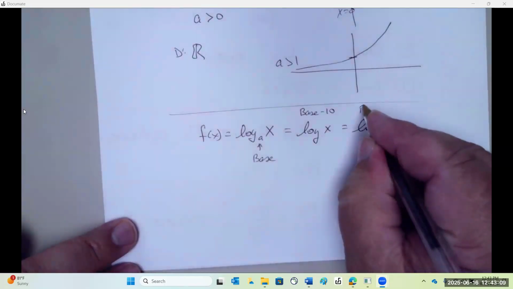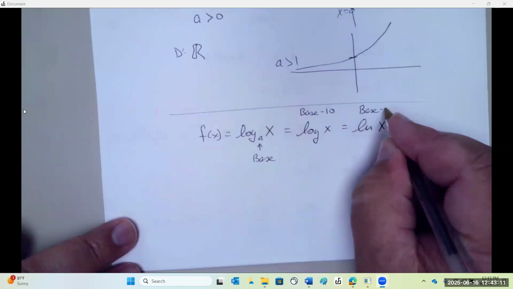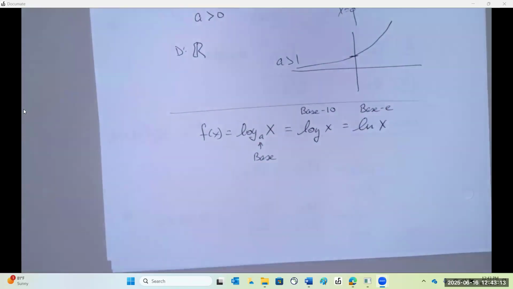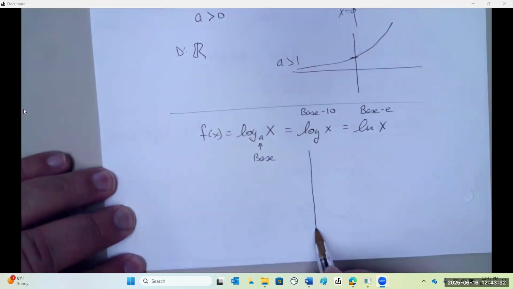And then if it's base e, then it's a natural log. It's an ln function, which is what we use mostly for anything to do with biological items. Anything that lives, dies, grows and decays, we use the ln function. So what does this graph look like?